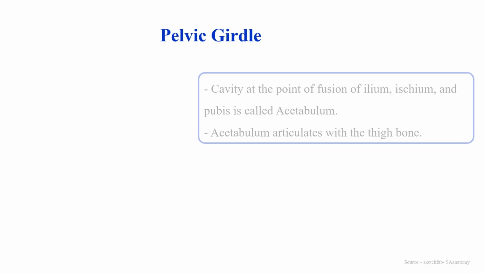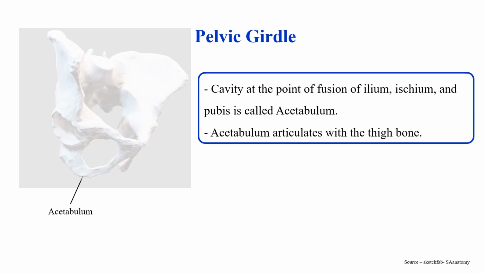Now, after the fusion of the ilium, ischium and pubis, this fusion creates a cavity-like structure.